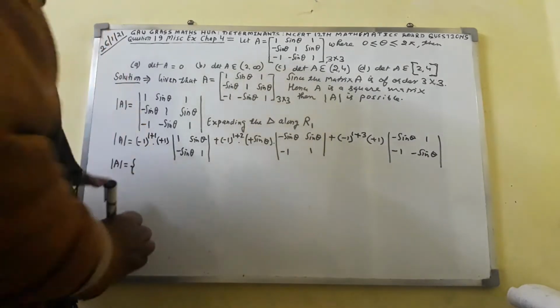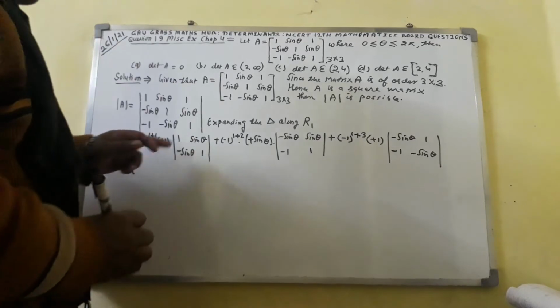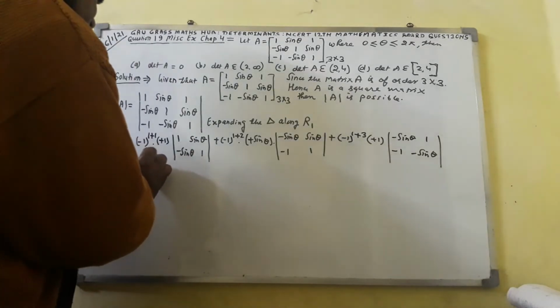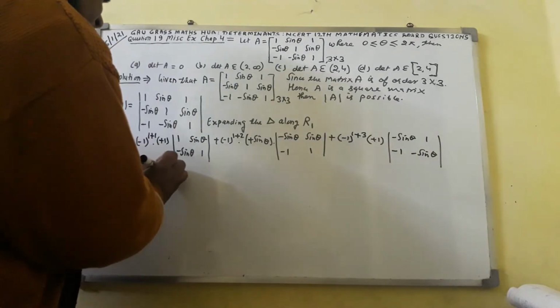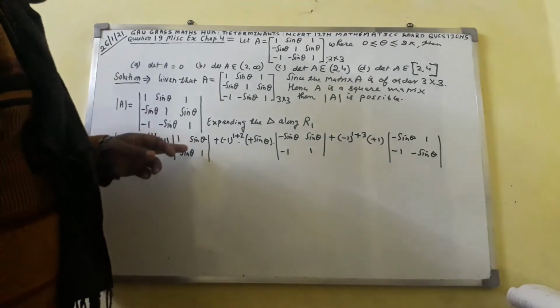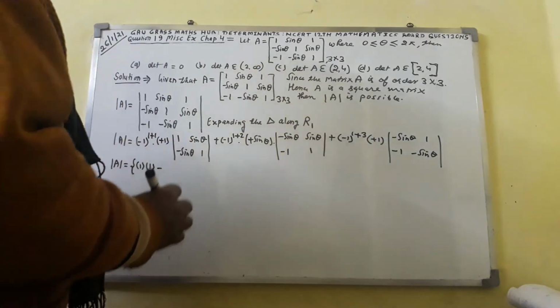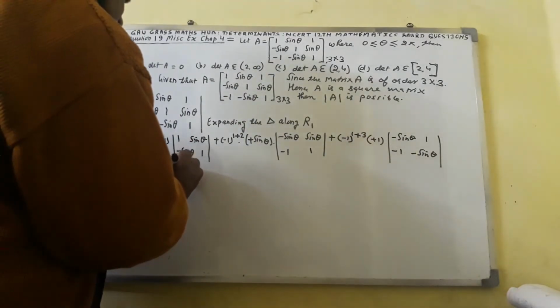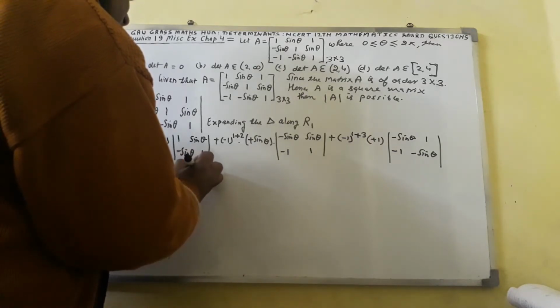So here I have opened curly bracket. 1 will multiply to 1, minus the elements of reverse diagonal will get multiplied together. Sin theta will multiply to minus sin theta.